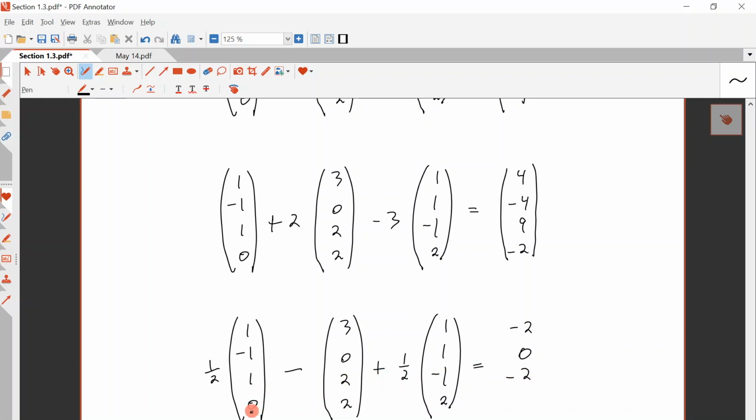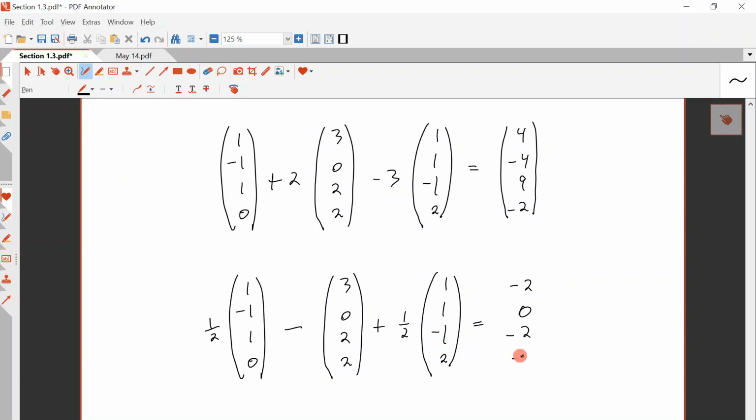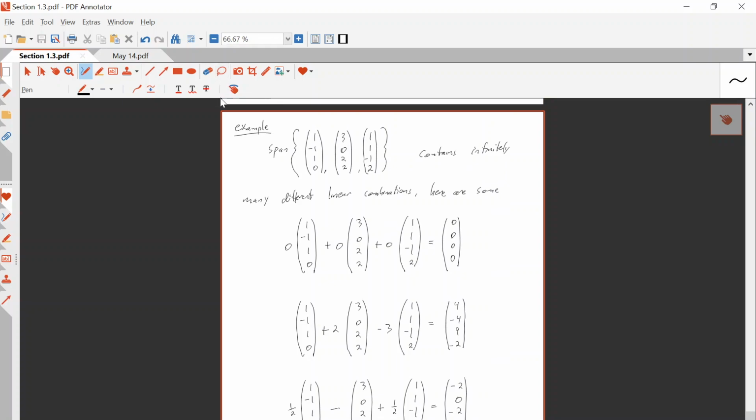And then 0 minus 2 is minus 2, plus 1/2 of 2 is 1. So you get minus 1. So on and so forth. So there's 3 vectors in the span. And of course, there's going to be infinitely many vectors in the span of a set of vectors that are chosen, including just one vector.